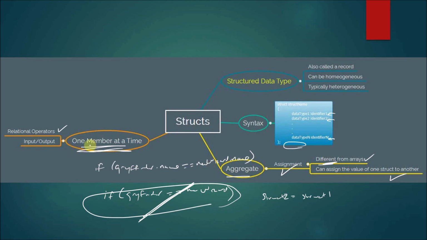Input and output must also be done one member at a time, just like with arrays, and usually you'll do it through a loop.